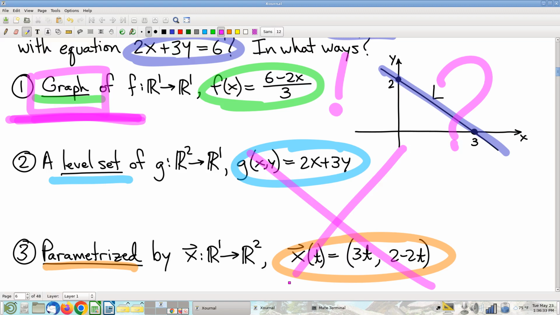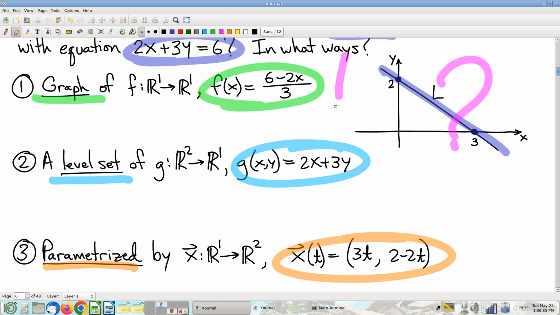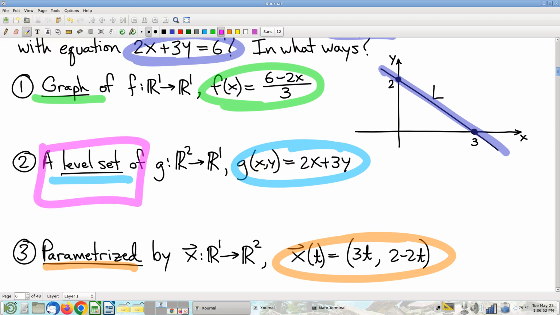On the other hand, you might want to know something totally different about this line. Maybe you want to know something that is part of the calculus of level sets. And again, there's going to be some neat facts that we're going to find. When you're doing calculus, if you're looking at a picture of level sets, there's certain kinds of geometric interpretations that we're going to get.